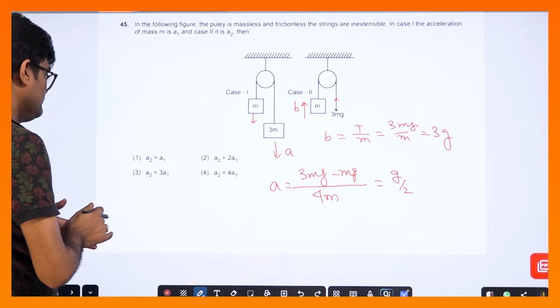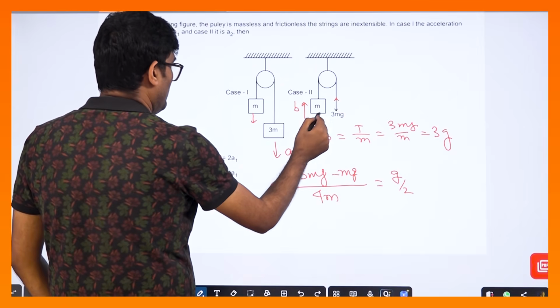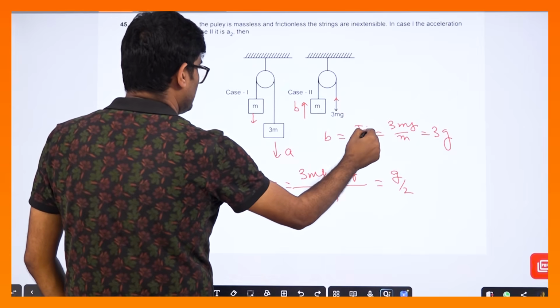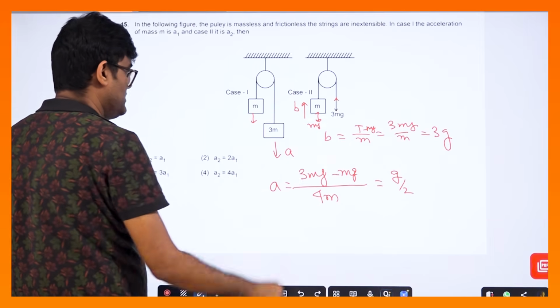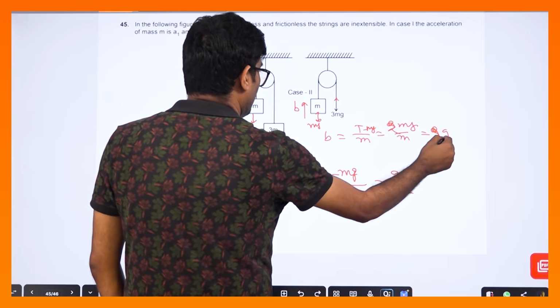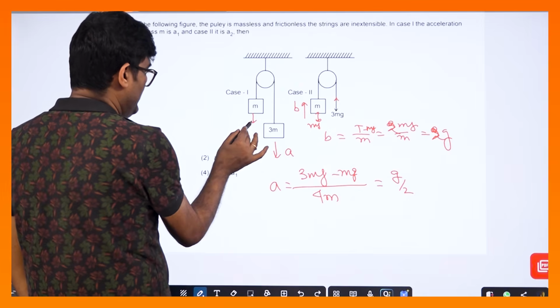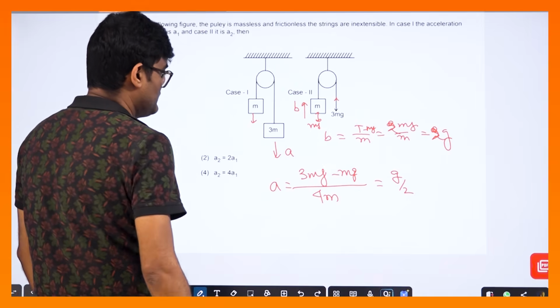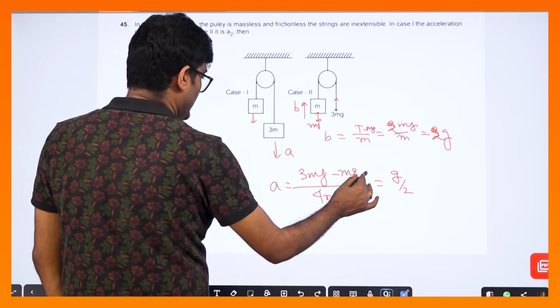Right, now you can say this is 3 mg, and there is also an mg, so it is T minus mg by m, so it is 2 mg by m, so it is 2g. And this acceleration is 3 mg minus mg by the total mass 4m, so it is 2 mg by 4m, so that is g by 2.